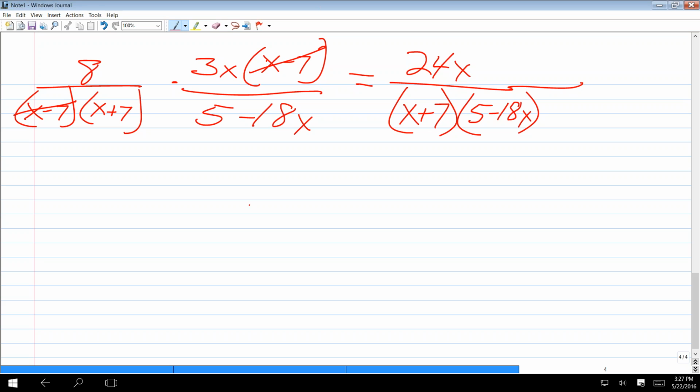Now, let me just review one principle here. Every time you've canceled a linear factor with another one, it's been the same one, right? Mm-hmm. What if I had this? Can I do anything? No. Actually, you can.